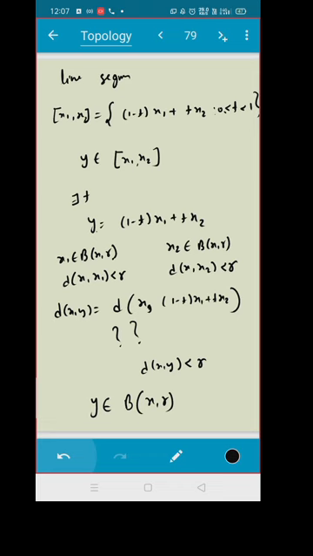Yes, the triangle inequality we can use, I think. Yes, you are going correct, but there are some blanks to fill in which you have to see. Try it.